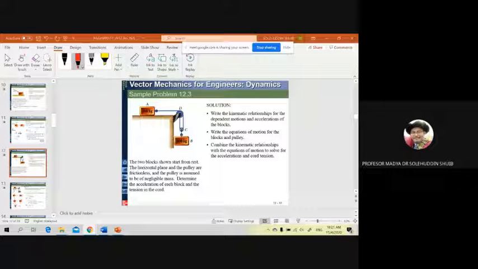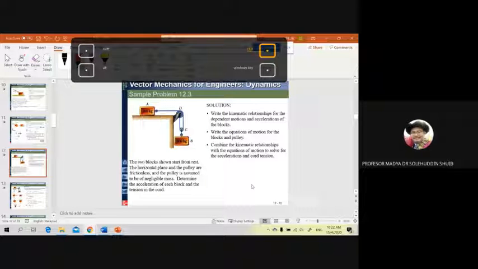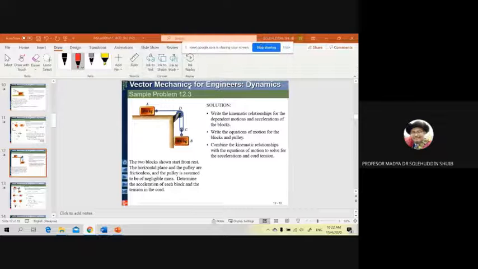So the first thing, if you look at the figure in the solution section, we need to write the kinematic relationship for dependent motion.